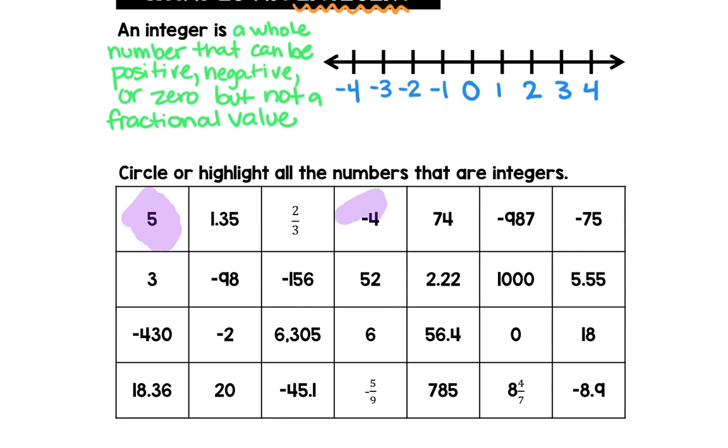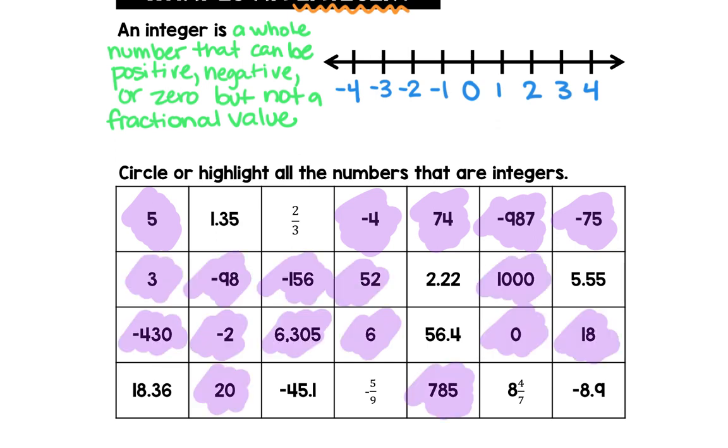I meant to highlight here. 74 is an integer. -987, whole number, negative, still an integer. -75 is also an integer. See if you can fill out the rest of the table. Here are all of the integers highlighted. You can see that we skipped over anything that was fractional or a decimal.